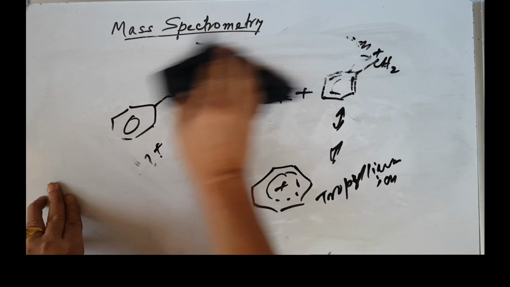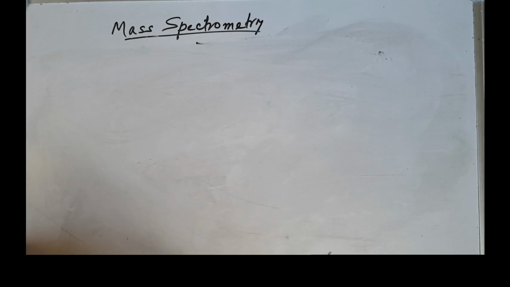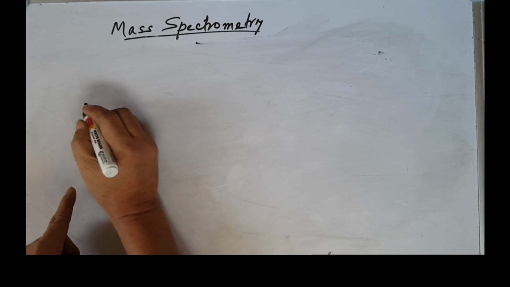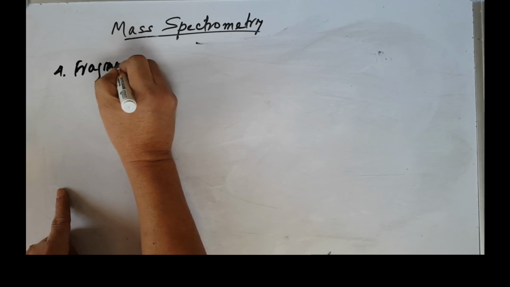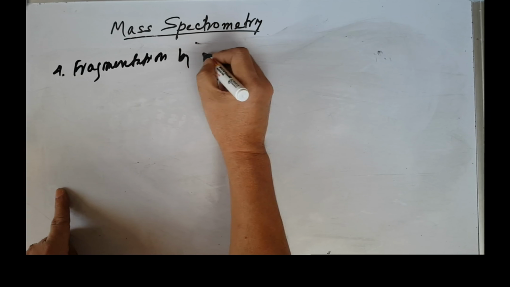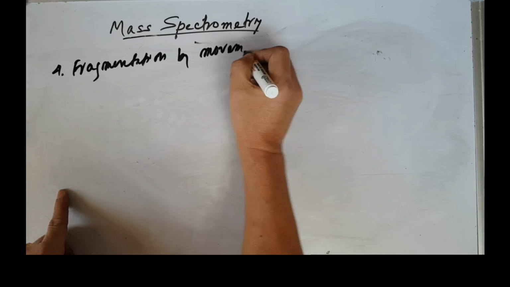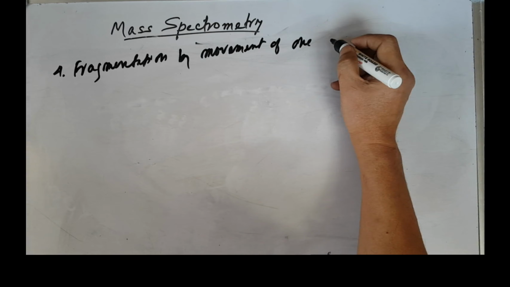And the fourth one is fragmentation due to movement of one electron. Number four, fragmentation takes place by movement of one electron. This is free radical type.